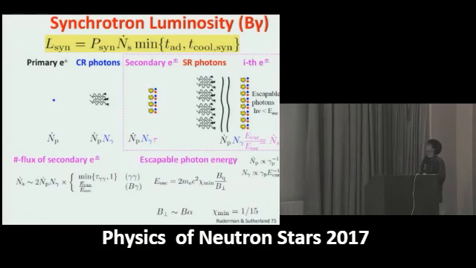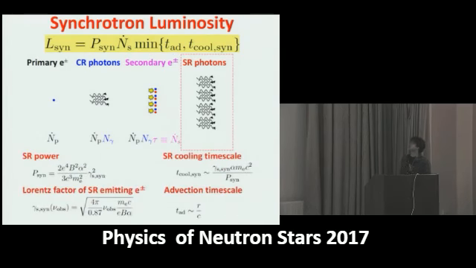In this model, the total number flux is determined by the total radiation energy and the maximum escapable photon energy. So the model parameter eta and this energy determine the total number flux. It doesn't depend on the Lorentz factor of the initial primary particle and the typical energy of curvature radiation.